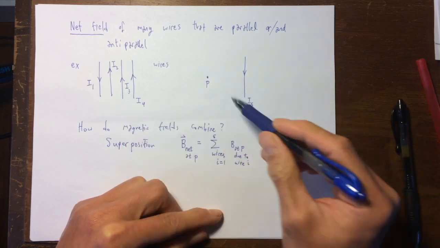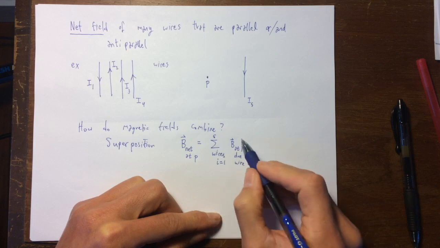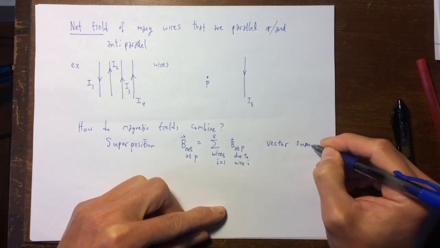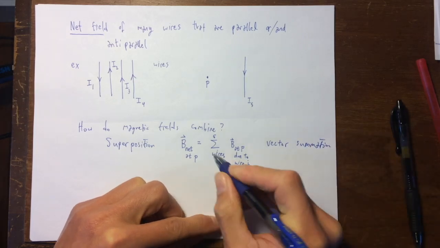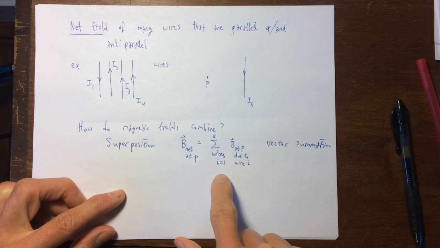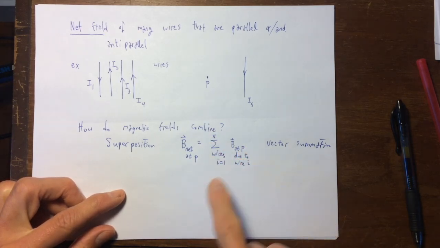In this case, I've got 5 wires and 1 place P, and I am adding together vectors. It is a vector summation. So this is the rule: the net magnetic field is just the summation of all the separate magnetic fields due to the separate wires.